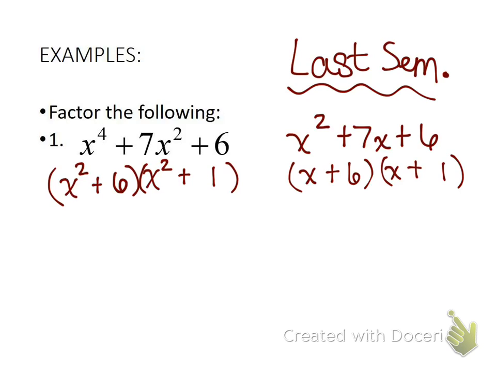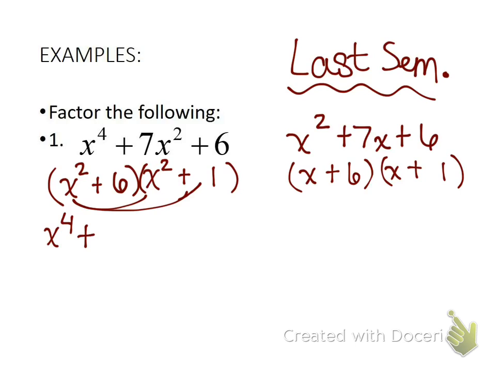So let's talk about why. If I multiply 6 and 1, that gives me that 6 in the back, right? Let's multiply the whole thing out so I can show you exactly how this fits. We already talked about multiplying the front 2 together. That's going to give me x to the 4th, right? And then we have to multiply x squared to the 1 back here. What would that give me?